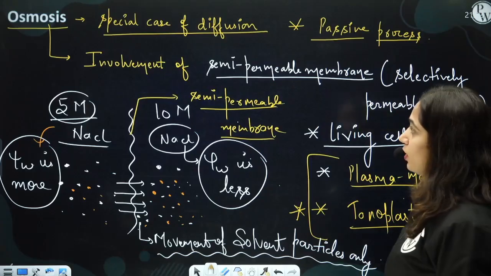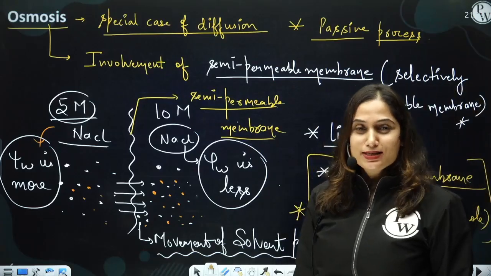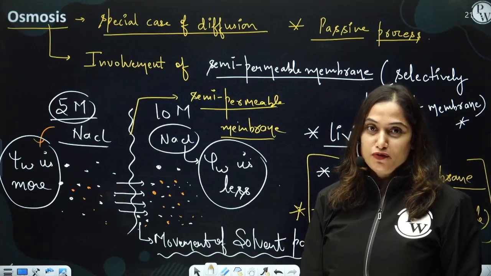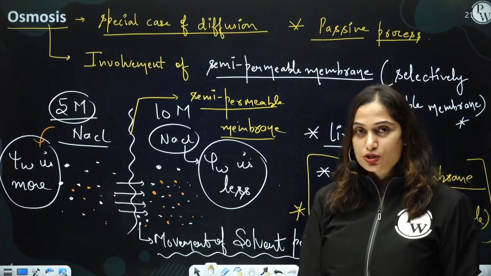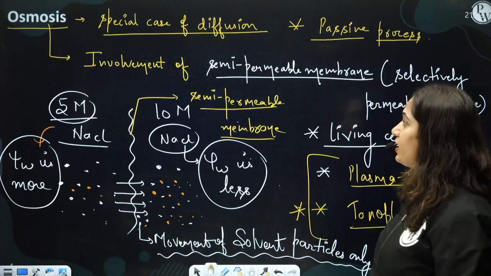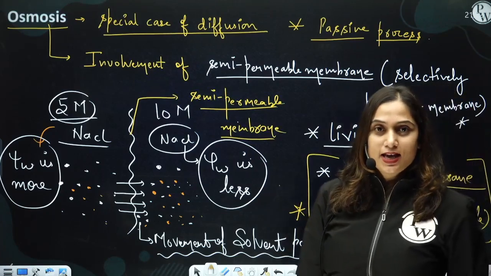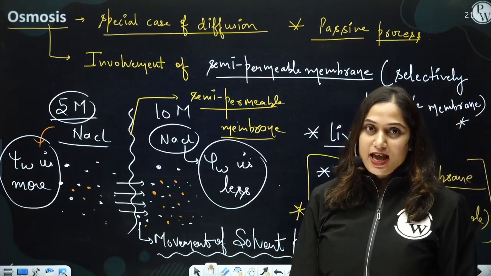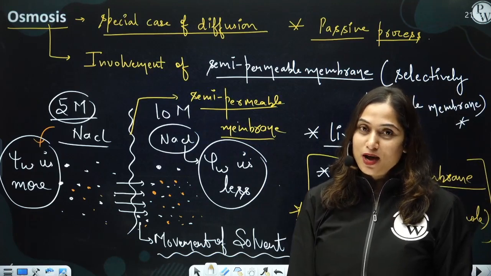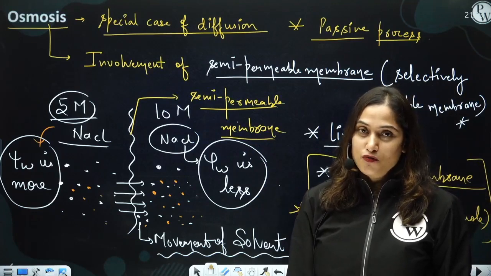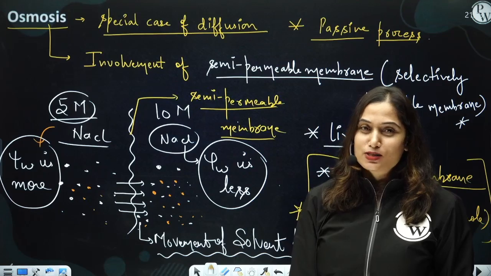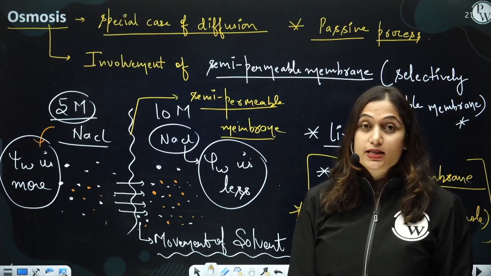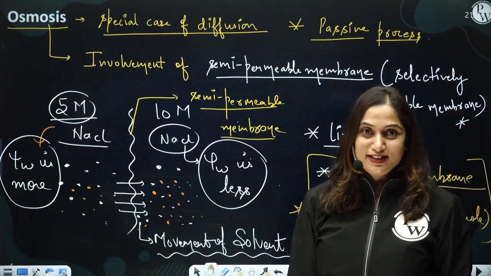Now let's move on to another important case, that is a special case of diffusion called osmosis. How is it a special case of diffusion? Because here the movement again occurs from high concentration to low concentration of water, but it requires a special membrane, that is a semi-permeable membrane.